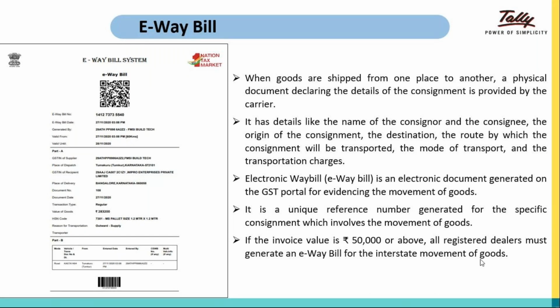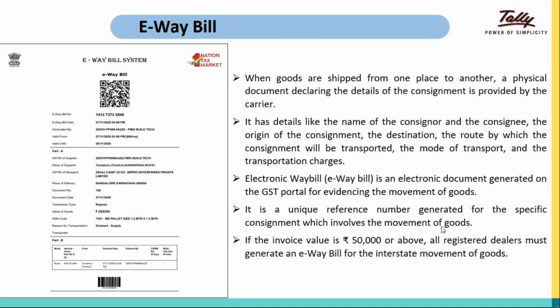Interstate means from one state to another state. If you are transporting goods from one state to another, and the value is 50,000 rupees or more, it is mandatory for all registered dealers to generate their e-way bill.